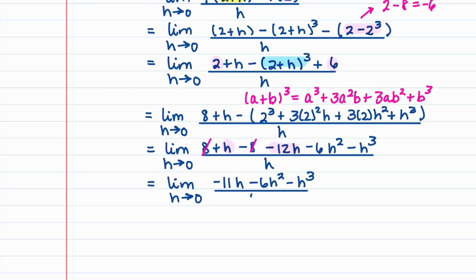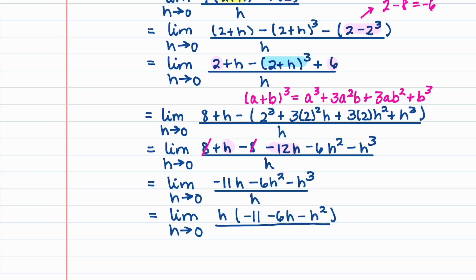And we're going to divide this by h. We have an h common to all the terms in our numerator, so I am going to pull out an h, and we're left with minus 11 minus 6h minus h squared. We divide all of this by h. And then the nice thing is our h's cancel.